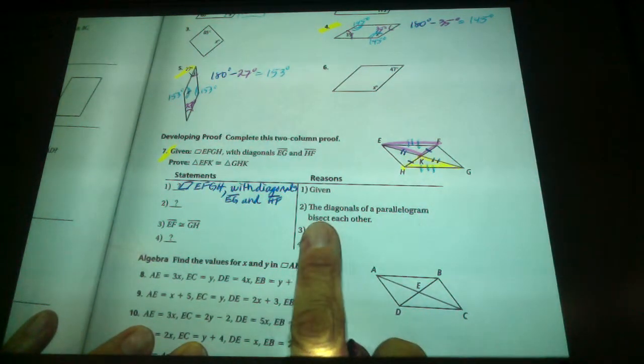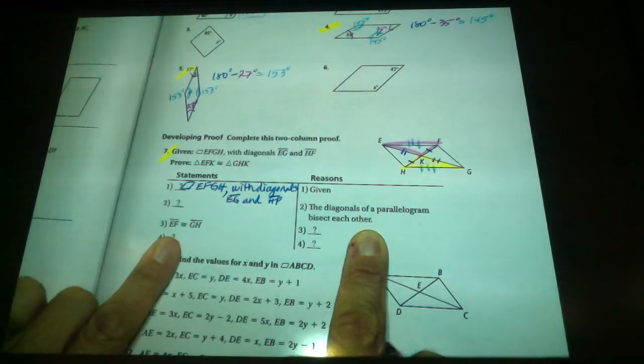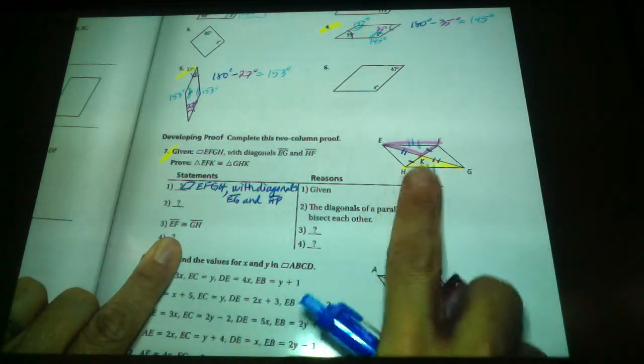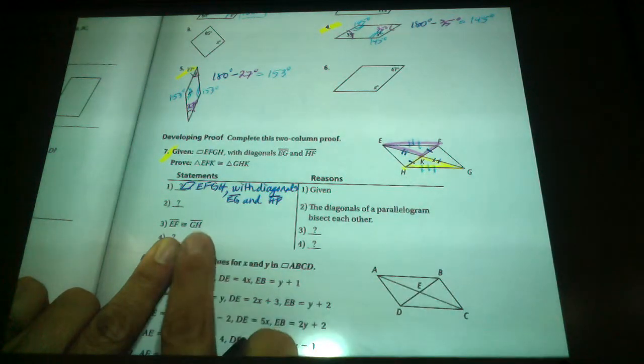Then the second reason says the diagonals of a parallelogram bisect each other. Notice that down here they have EF is congruent to HG. So that's not the diagonals.